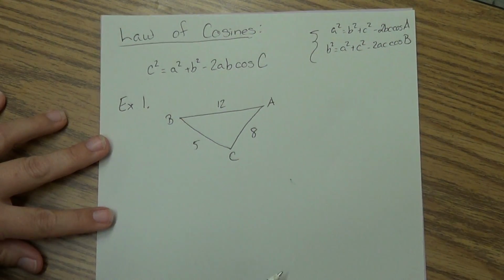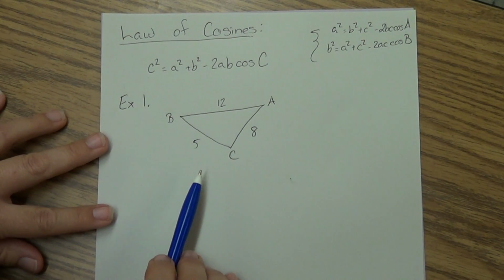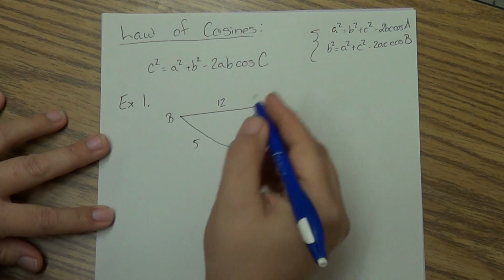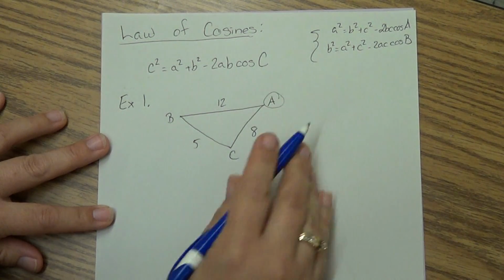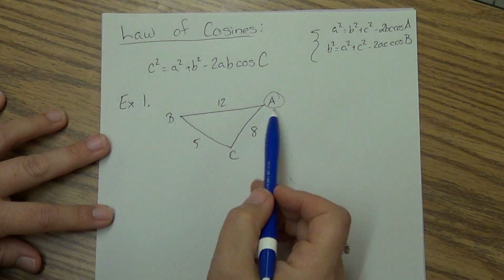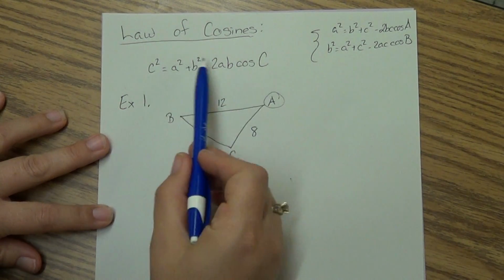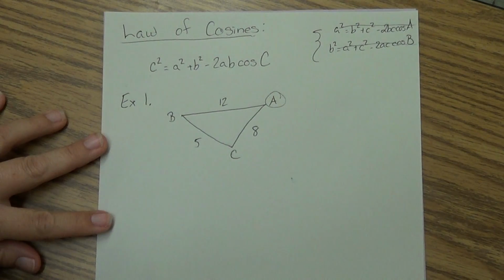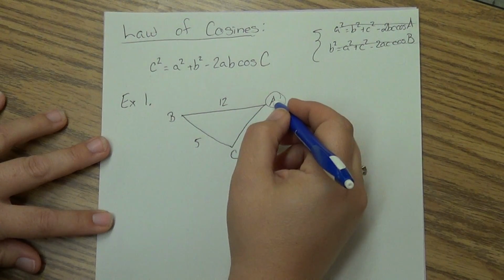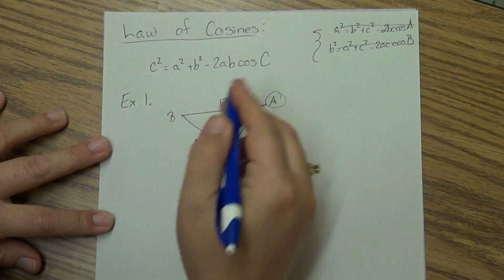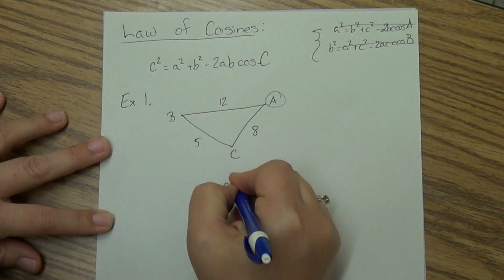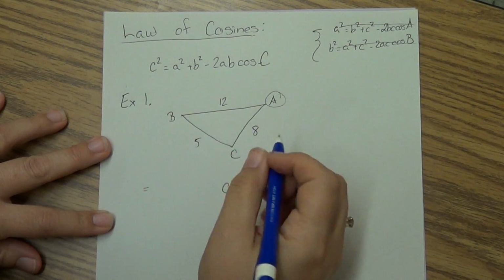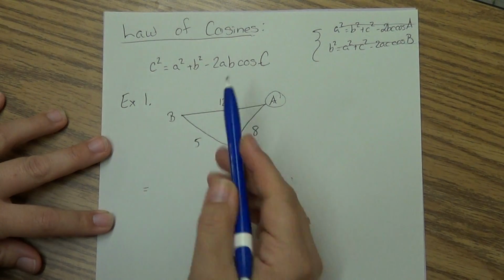All right, so let's do an example. We're going to solve the triangle, meaning find all of the missing pieces, the same way that we did with law of sines. So I'm going to start here by finding angle A. Why not? Plus, that'll give me a chance to show you how we readjust this formula without looking at those two guys, because we don't want to have to memorize too much. If we're trying to find angle A, then here in the back, that's going to be the cosine of A, which means that on the other side of the equal sign is the side that goes across from there.